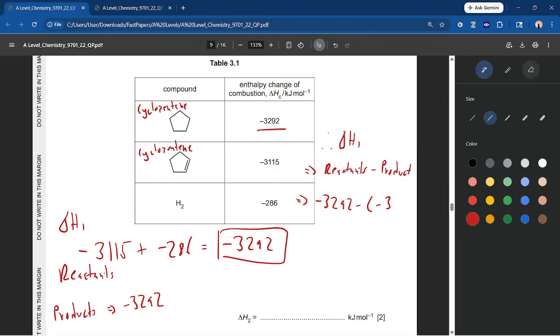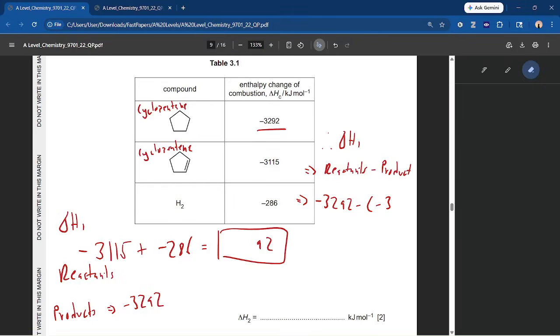I think I accidentally copied this one over here. So let me just put this into a calculator. Minus 3115 minus 286. That's minus 3401.